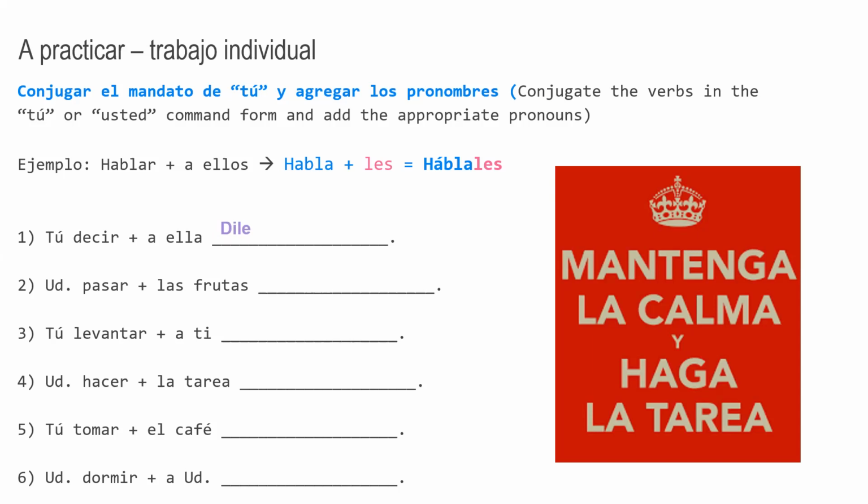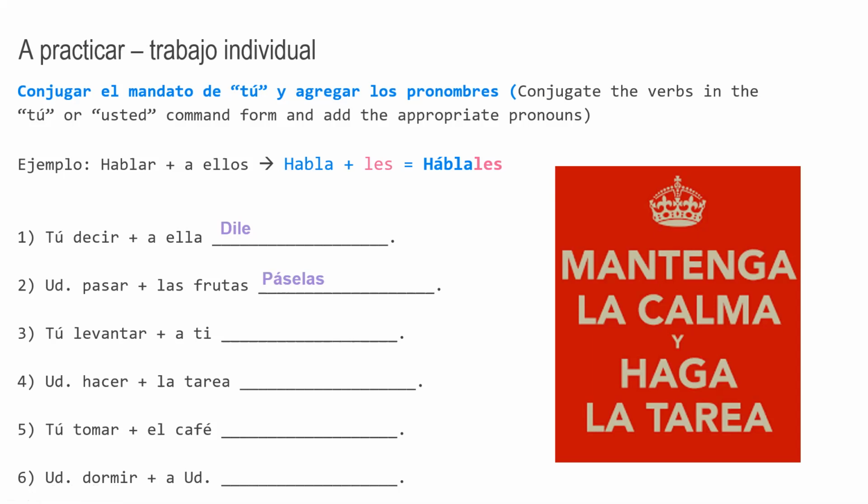So we say paselas, and we need to add an accent here, because originally it would be pase, but once we add las, we need to add the accent mark to ensure that the stress remains on this original stressed vowel. Paselas.